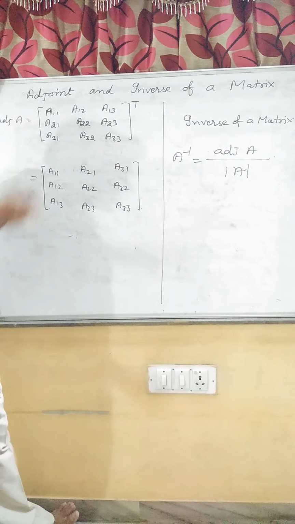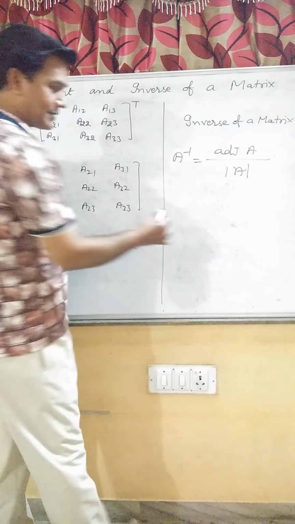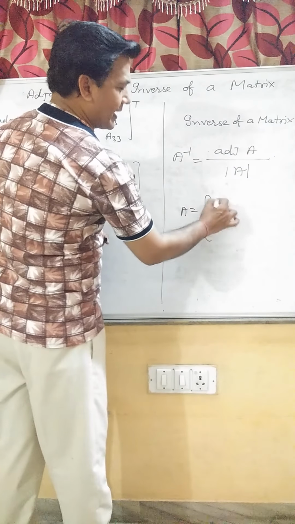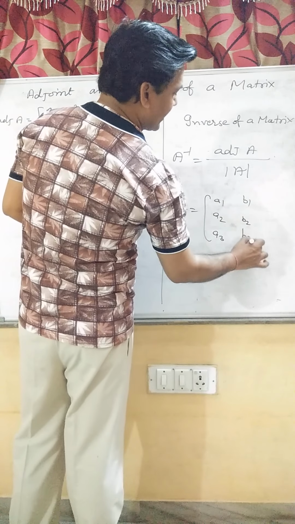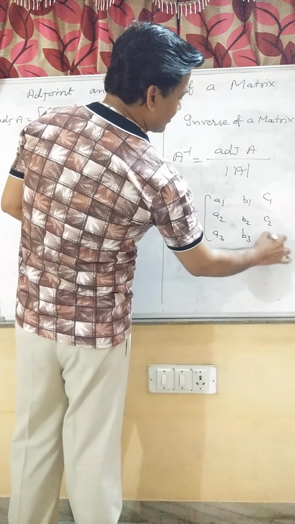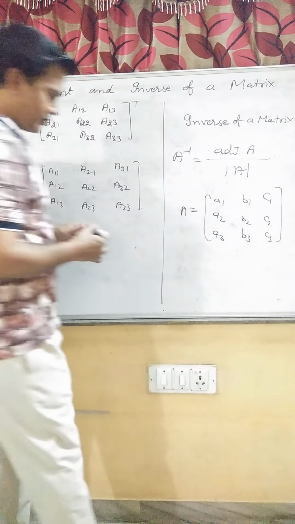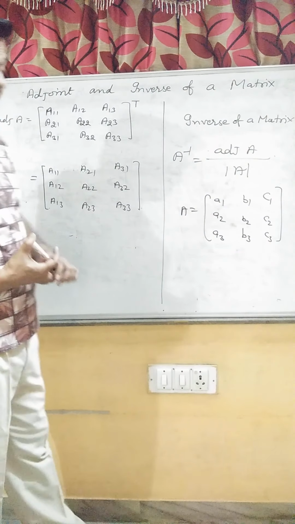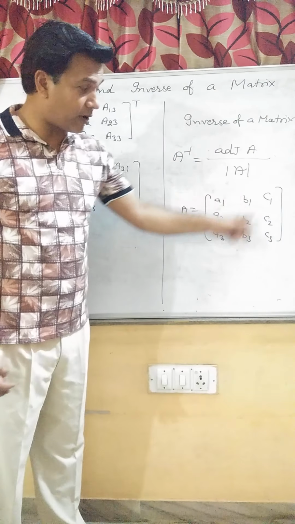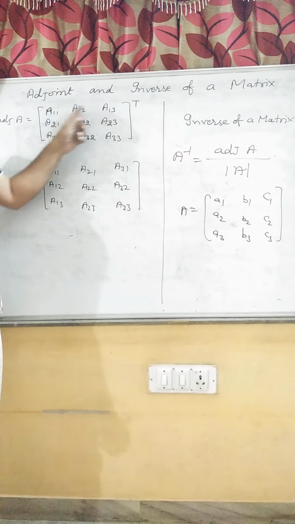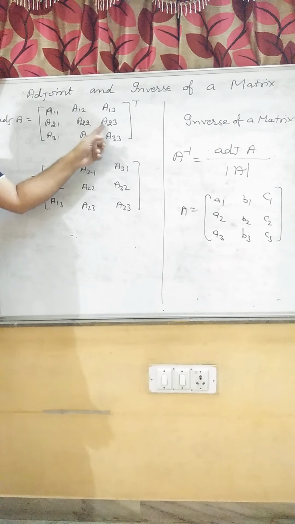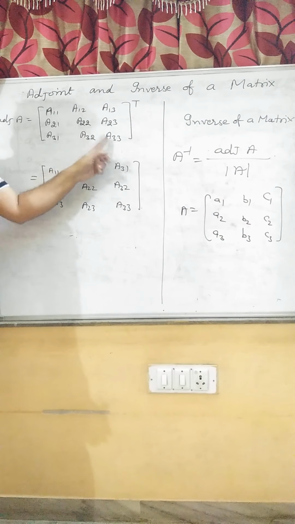First, if any matrix A is given like A1, A2, A3, B1, B2, B3, C1, C2, C3, first we have to calculate the cofactors of all these elements, which are known as A11, A12, A13, A21, A22, A23, A31, A32, A33.